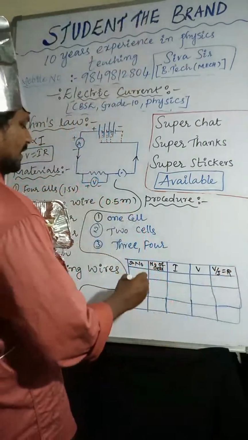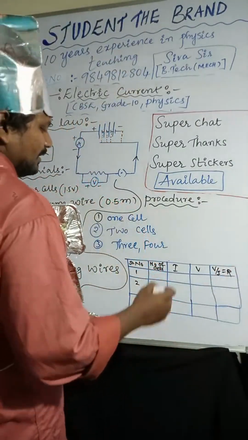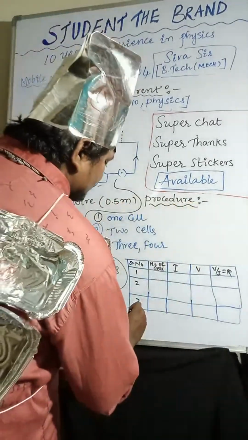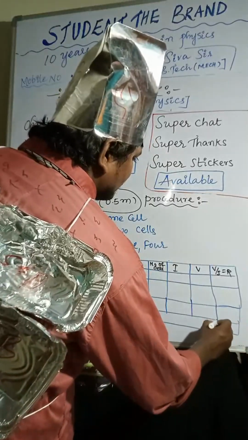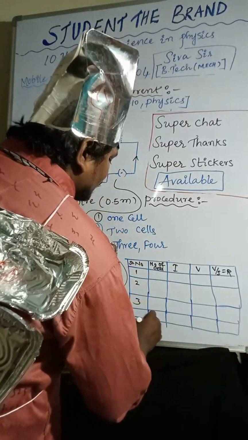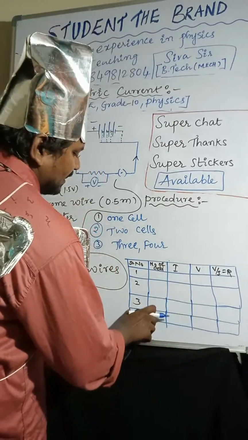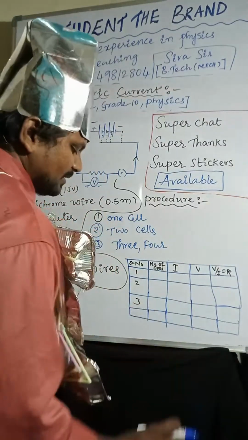V by I is nothing but R. 1, 2, 3, 4. Now the next one is 4. So I'm considering one more, that is, 4 cells you have to take.